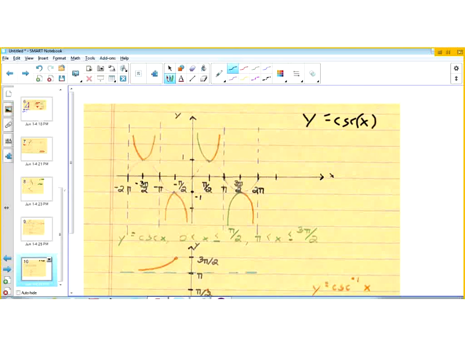It's not one-to-one as it stands, but the cosecant x is drawn with the sine function as a reference. So we need to pick off the principal parts of the cosecant function to get y equals principal cosecant x, and we'll go with these green branches right here.